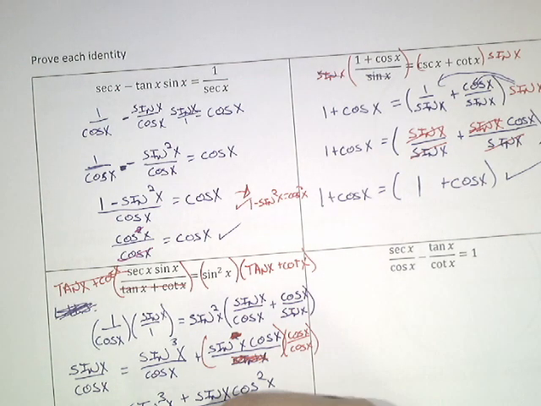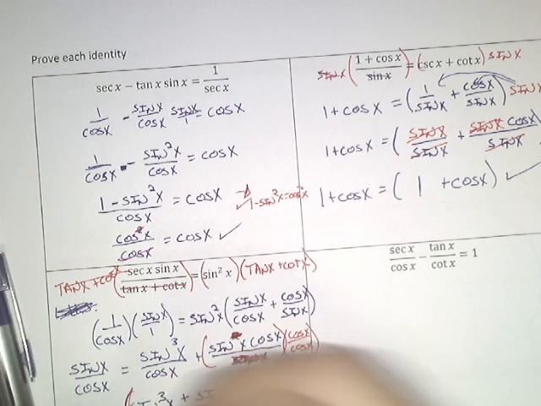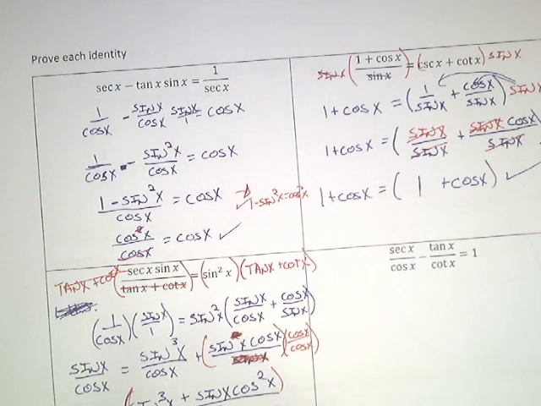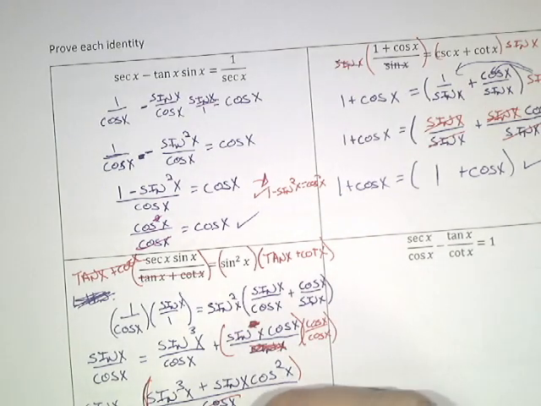And then, if I look at these two terms, I have a sine in this term and a sine in that term. So let's factor out a sine. So sine x is left over here is equal to, if I factor out one sine, that leaves me with sine squared here, because I'm just factoring one of those out.